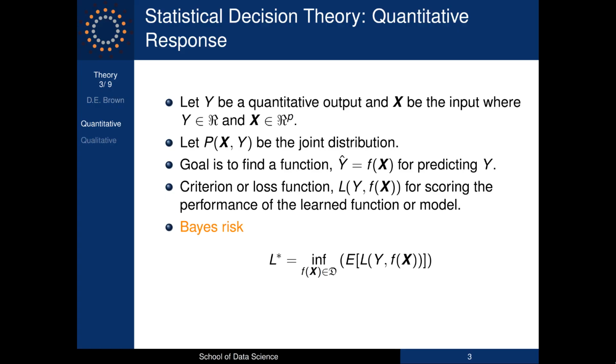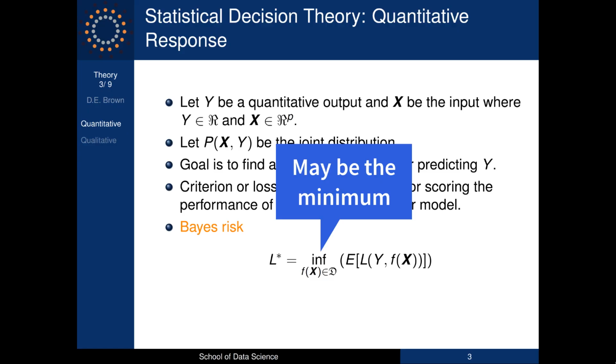We define Bayes risk to be the minimum, shown here as INF, or infimum, of the expected loss. The expected value for the loss function when we integrate or sum it over all possible values for x and y. This gives us the score, and we can look at the smallest of these scores. Now, the reason we use infimum as opposed to minimum is because technically, mathematically, it's possible that we may not be able to actually achieve the minimum, and this just tells us we're getting the greatest lower bound on this function.